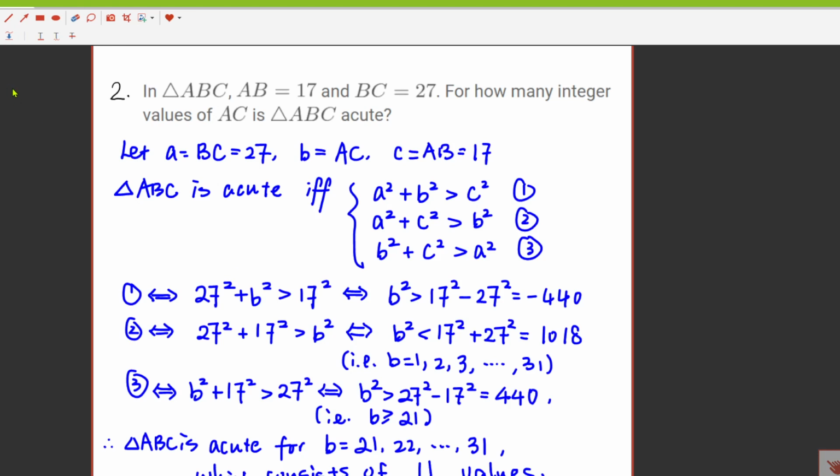So the correct number of the solution is 11 here.